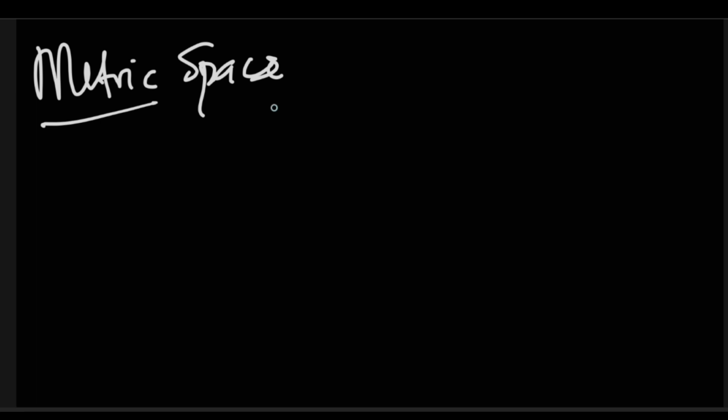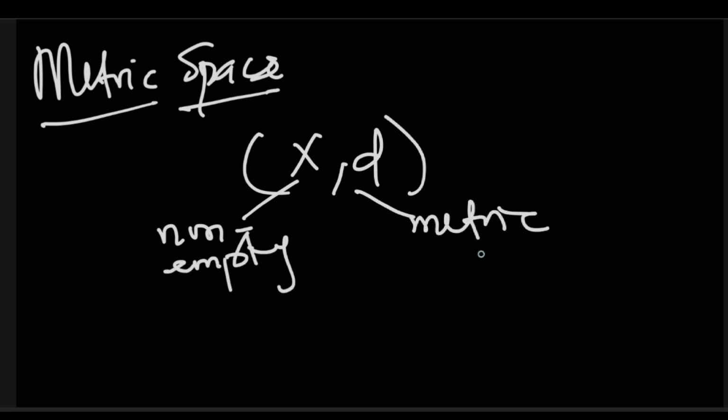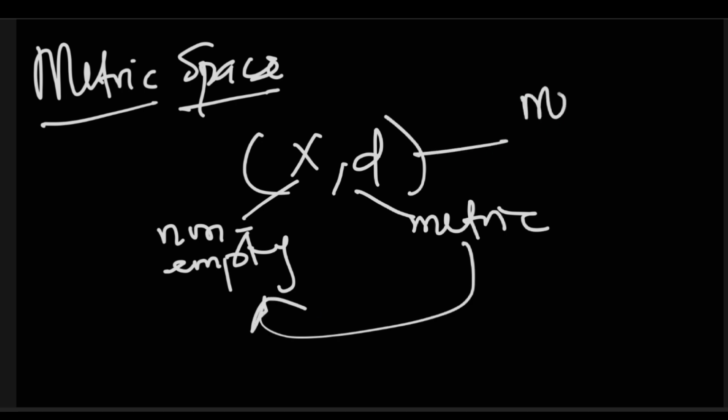Then the final definition will be a metric space, because now we know a metric, we know a space. So the pair (X, D), where X is a non-empty set and D is a metric defined on this non-empty set, is called a metric space.